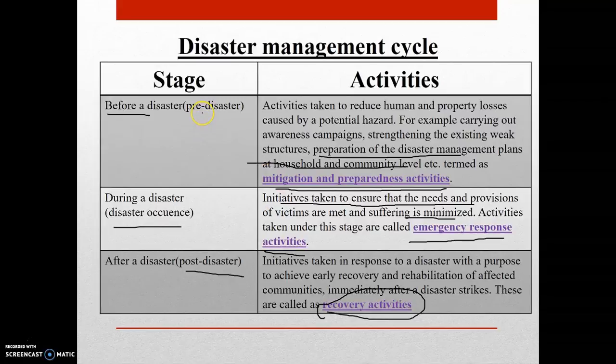So in the disaster management cycle, before a disaster or pre-disaster, the activities done are known as mitigation and preparedness activities, whereas during a disaster or disaster occurrence, the activities are known as response activities.